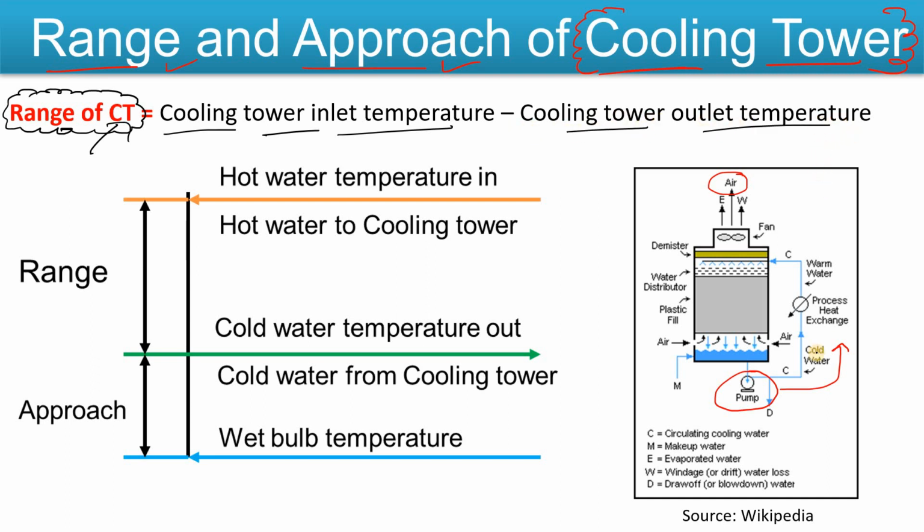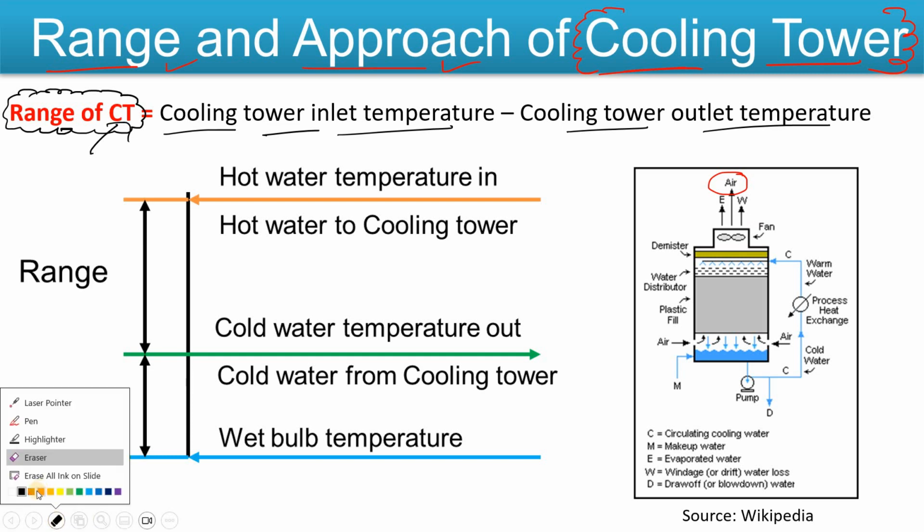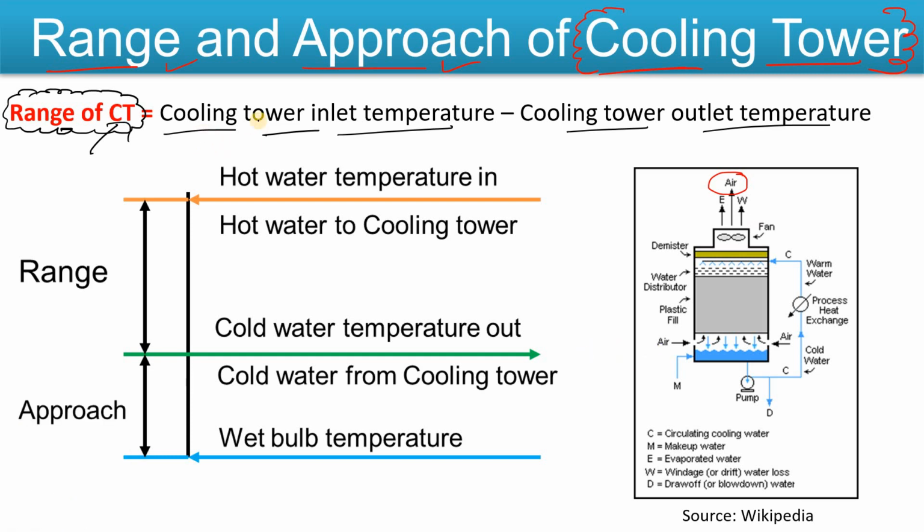What is the meaning of it? Simply see from this picture. First of all I will erase this one, then I will tell you. Cooling tower inlet temperature, what is the meaning of it? See, from here the cold water will come, and via the pump it will go into the plant. Then it goes, let's suppose, into the heat exchanger and exchanges its heat, then it becomes warm or hot water.